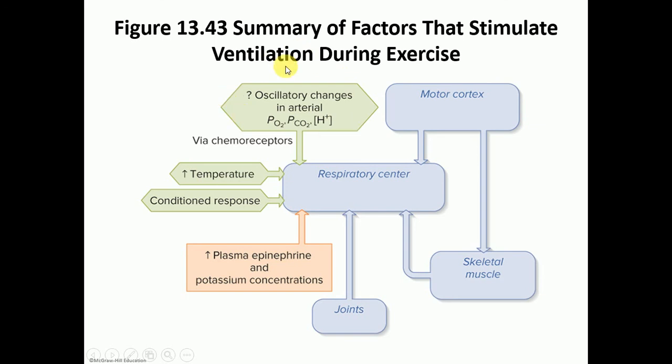And then the changes in levels of O2, CO2, and hydrogen ions also tie into stimulation of these breathing centers through the chemoreceptors. Okay, and that concludes this chapter.